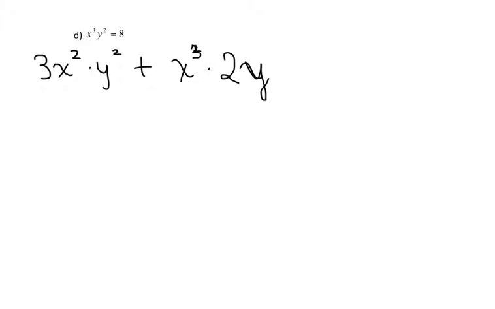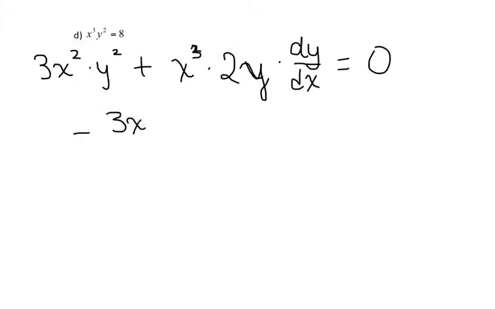Product rule plus chain rule. 3x squared times y squared, that's part of my product rule, plus x cubed times 2y to the power 1 times the derivative of y, there's my chain rule, equals 0.